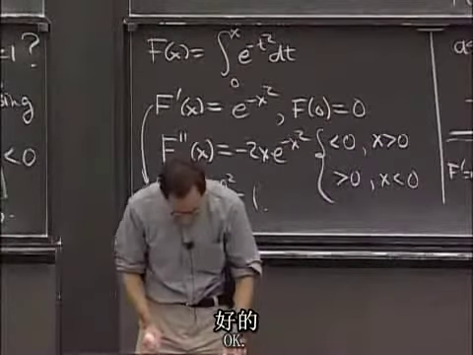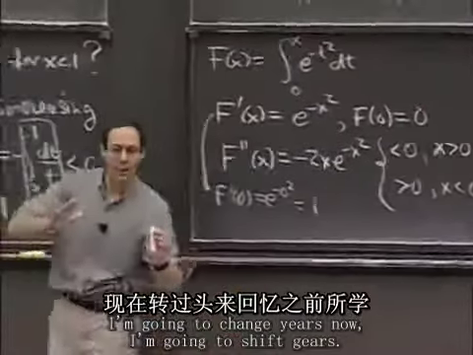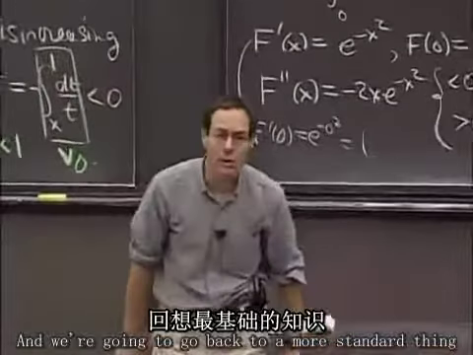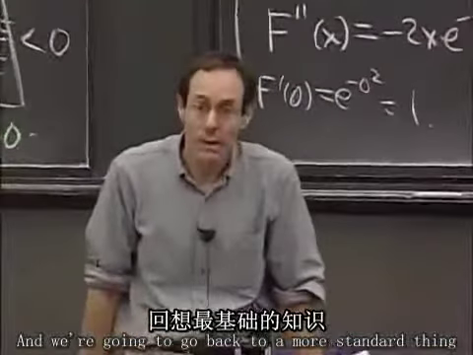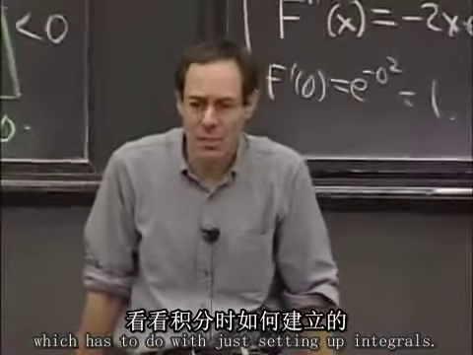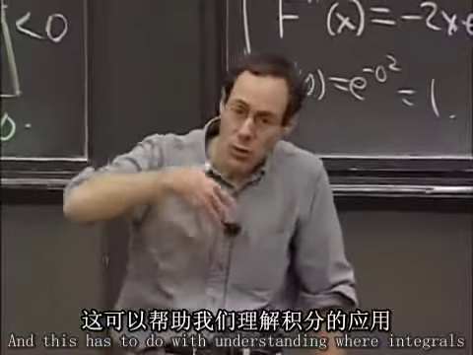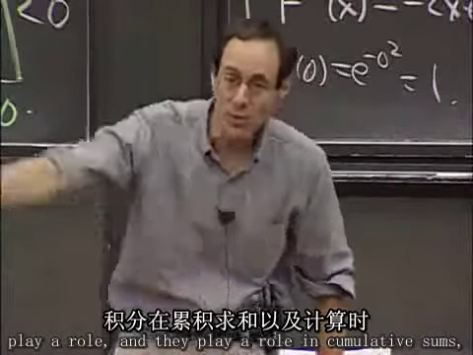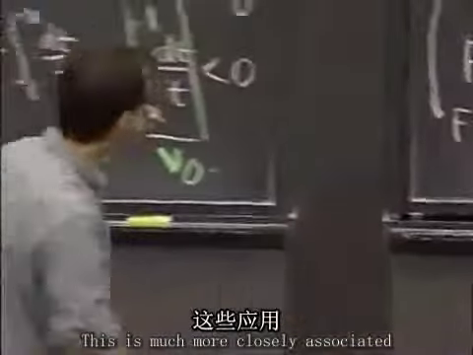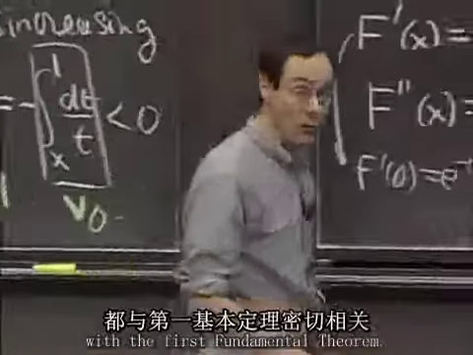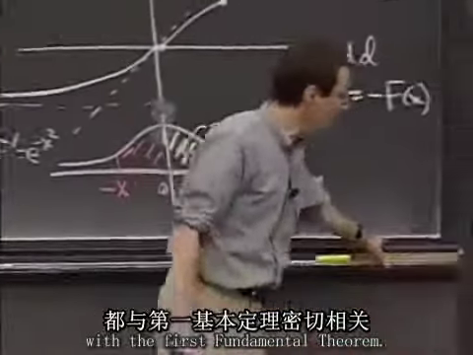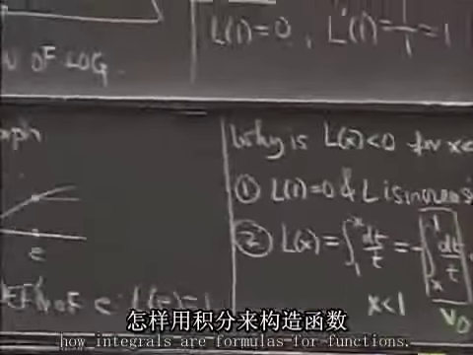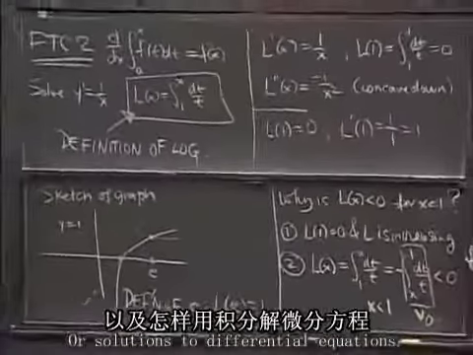Now, I'm going to change gears. I'm going to shift gears, and we're going to go back to a more standard thing, which has to do with just setting up integrals. This has to do with understanding where integrals play a role, and they play a role in cumulative sums in evaluating things. This is much more closely associated with the first fundamental theorem. That is, today we were talking about how integrals are formulas for functions, or solutions to differential equations.